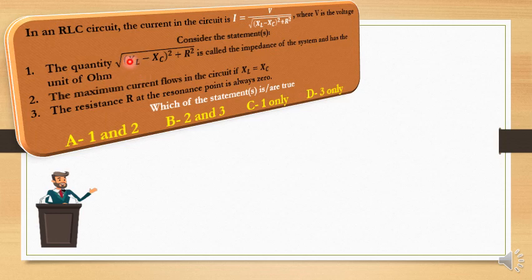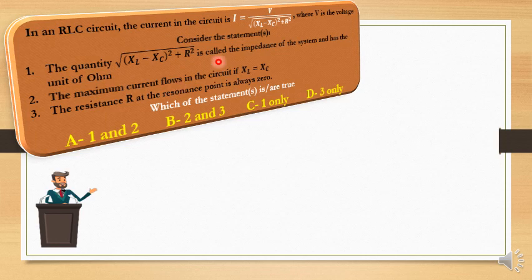XL here is the reactance of the inductor, because an RLC circuit is a circuit that has 3 components. We have the resistor, the inductor, and the capacitor. XL is the reactance of the inductor, and XC is the reactance of the capacitor. Then R is the resistance of the circuit.